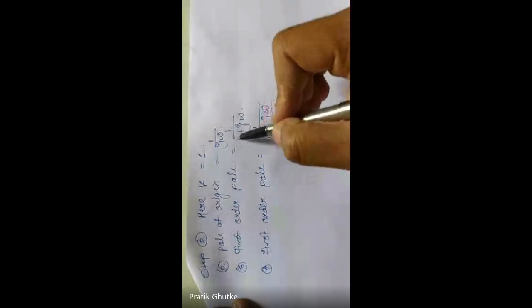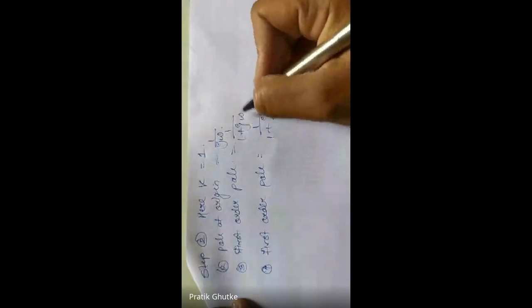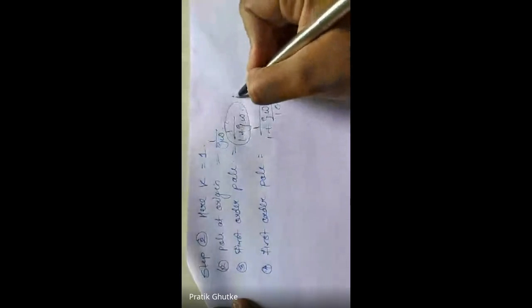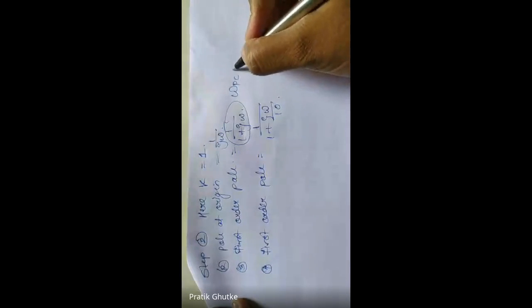In this case, my omega c1, that is corner frequency 1: how will I calculate it? It is 1 plus j omega, so the coefficient of j omega is 1. That's why omega c1 is 1.